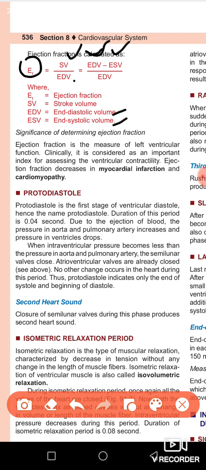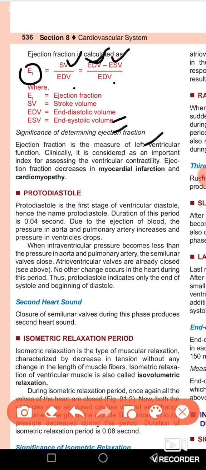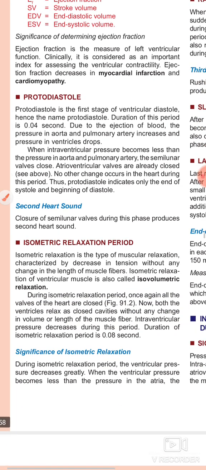Now you will put these values in the formula, and then you will calculate your ejection fraction. Ejection fraction is the measurement of left ventricle function. It's considered the most important index, and it detects whether your left ventricle is working properly or not.